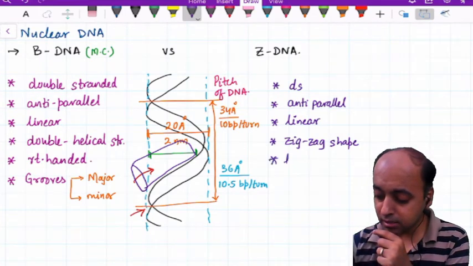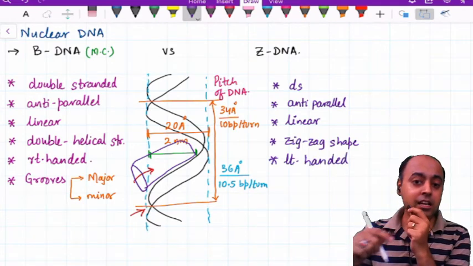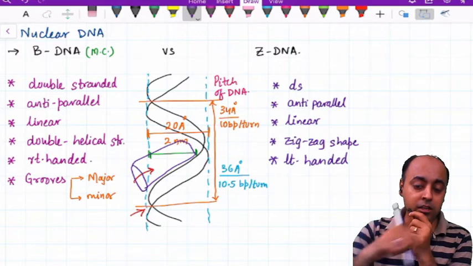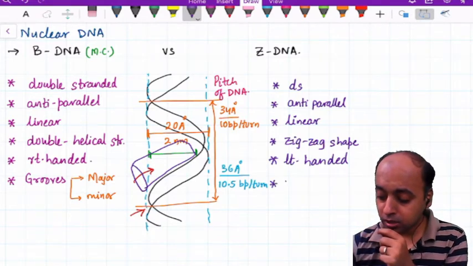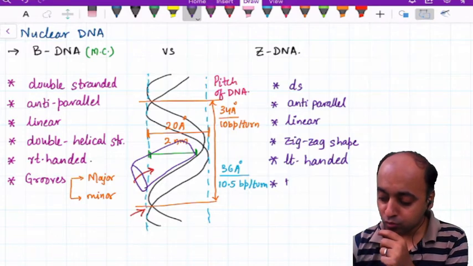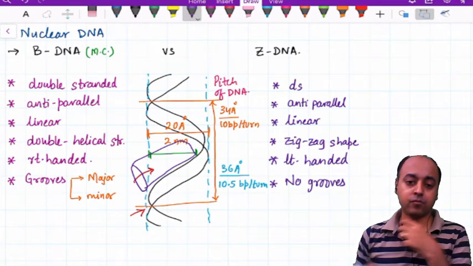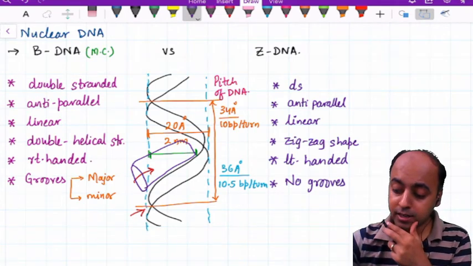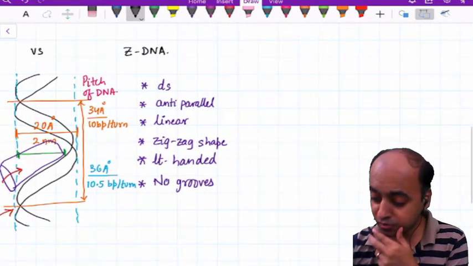It is rather left-handed, meaning the strands run in an anti-clockwise manner, and they don't actually have grooves. We don't find grooves.